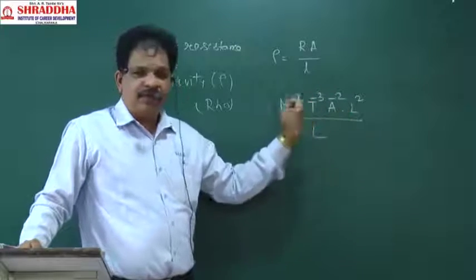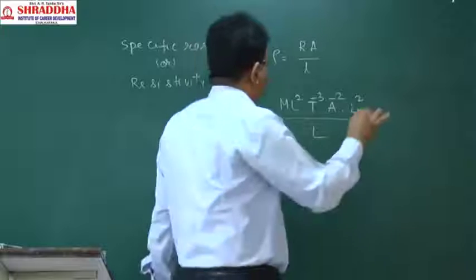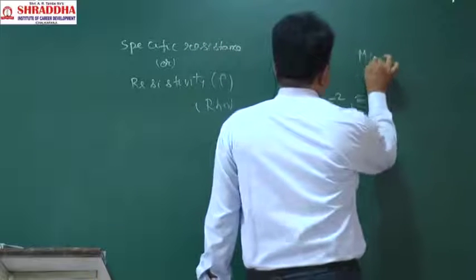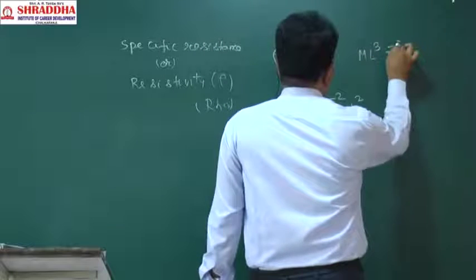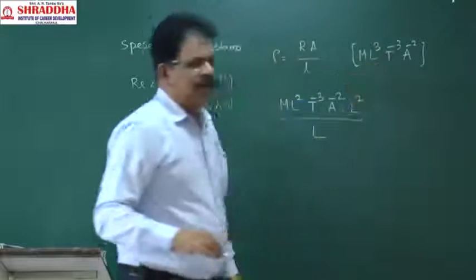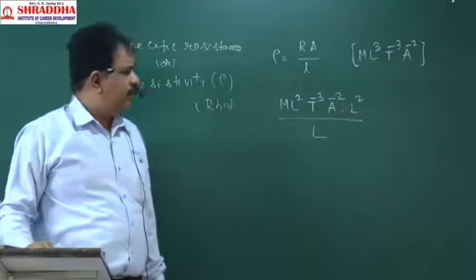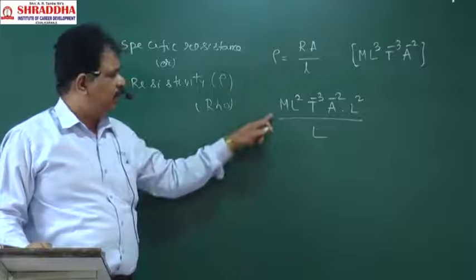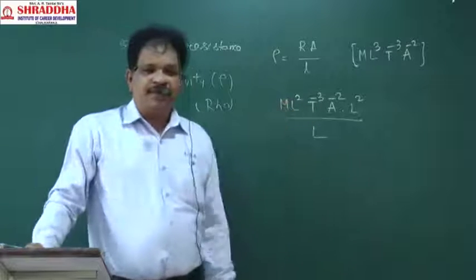L square into L, that value will be L cube. So M L cube T power minus 3 A power minus 2. That is the dimensional formula of specific resistance.